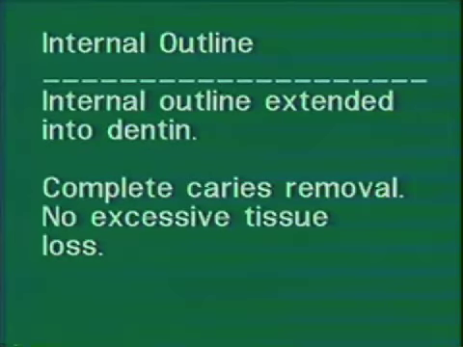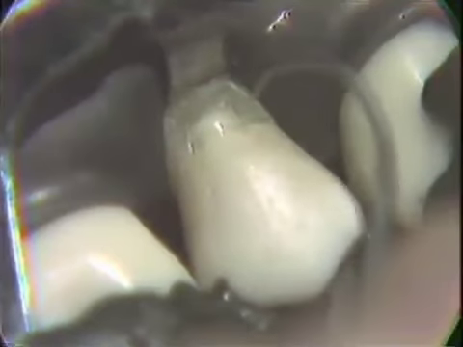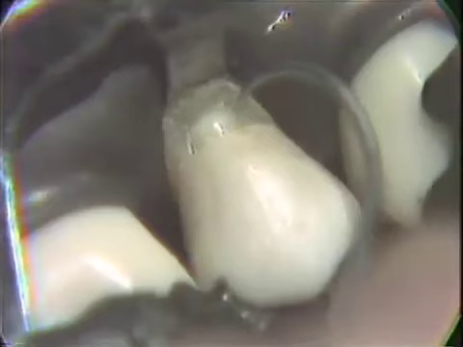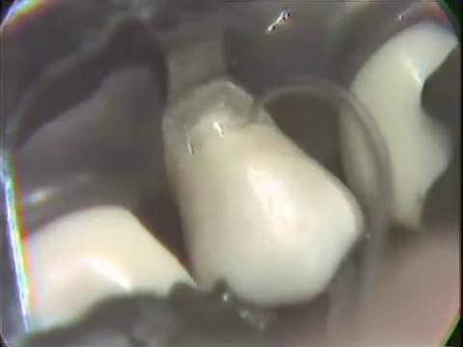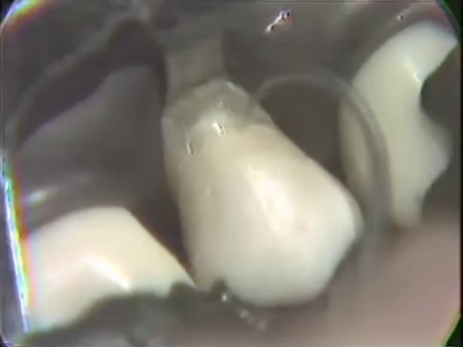The internal outline form in this case is extended into dentin in order that we can place our retention into dentin. There's been caries removal but no excessive tissue loss. Looking at the preparation again with the cohesive gold, there is not only regularity to the internal outline form, there are the sharp angles that are formed because of the hand instrument application in creating that internal form.